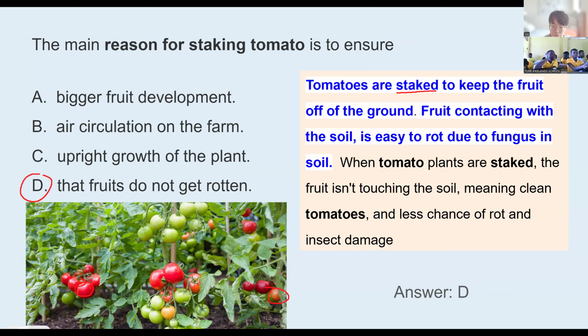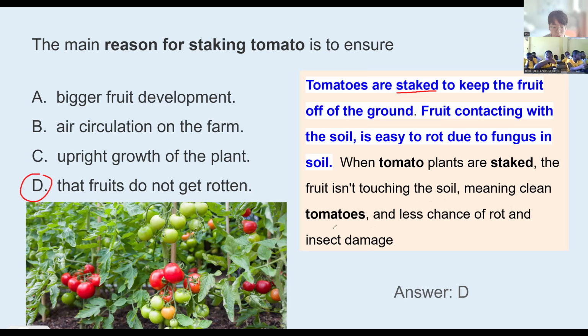If it touches the ground, it'll be easier to rot due to fungus in the soil. But when the tomatoes are staked, the fruit isn't touching the soil. So that means it'll be a clean tomato.